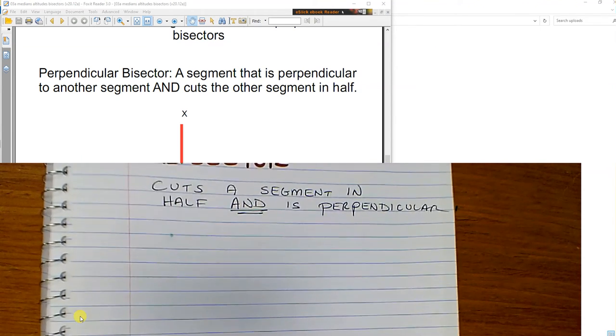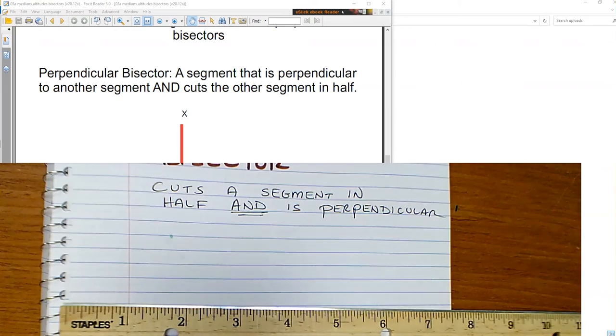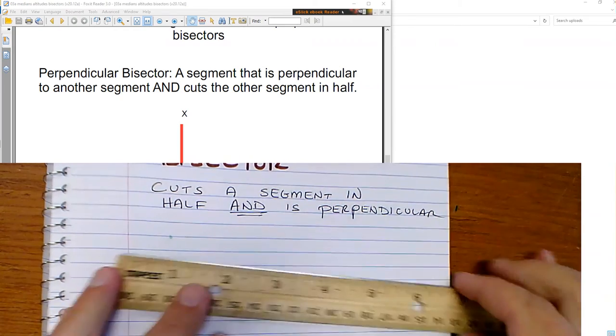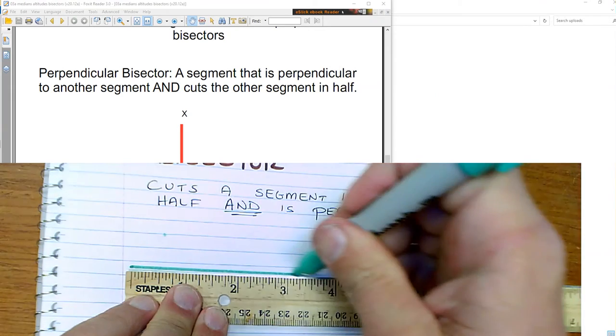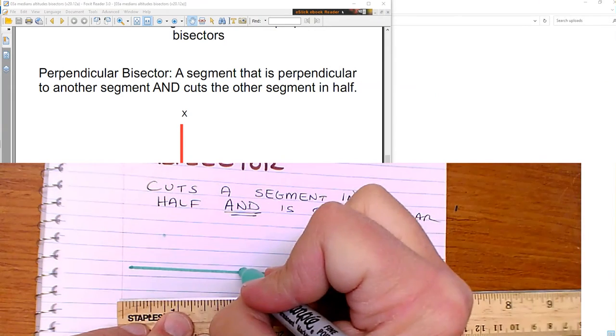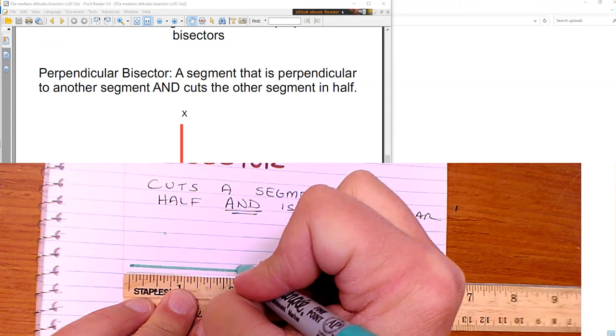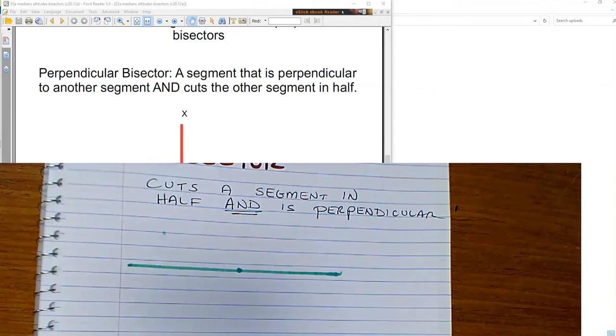I'll draw a picture of that. So I have this segment. I'll try to do a better job this time. Make this one perfect. Okay, perpendicular bisector. So it's got to come in perpendicularly.